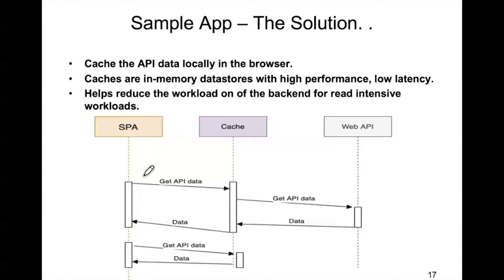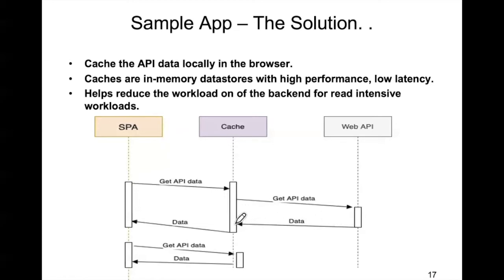And so in general, how caching works, we're talking about caching in general now. Your single page app is going to ask the cache, do you have a particular piece of data? Like, do you have the details of a particular movie? Or do you have the list of discover movies? If it doesn't have it in its data store, it will ask the API for it. The web API comes back with the data.